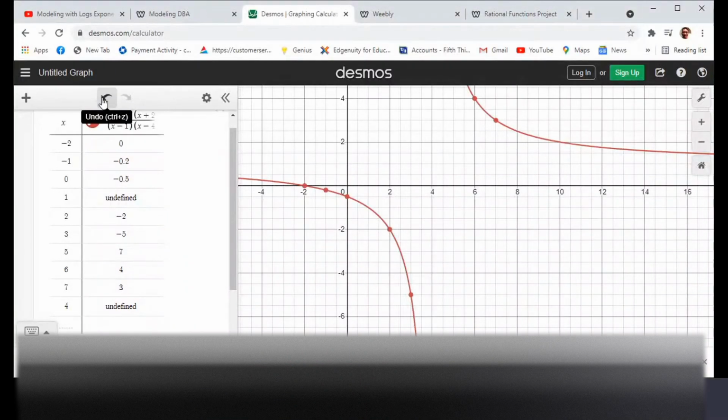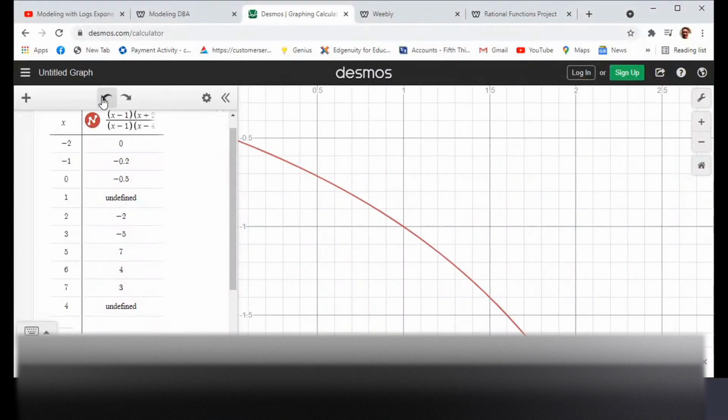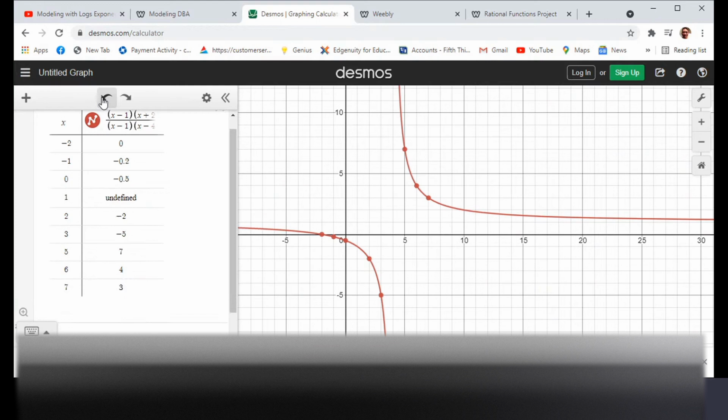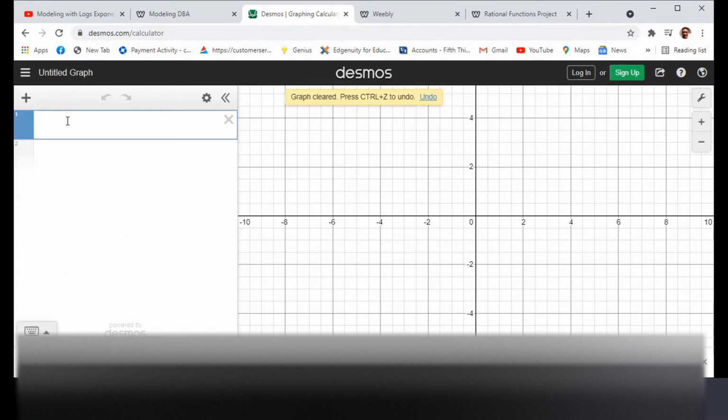So I'm going to undo my previous graph. I'll just go to the gear, the circle gear, and then hit delete all, and I'll start again. Type in everything in my original problem. Parentheses.